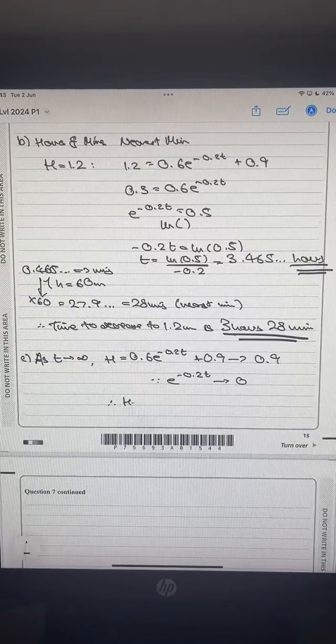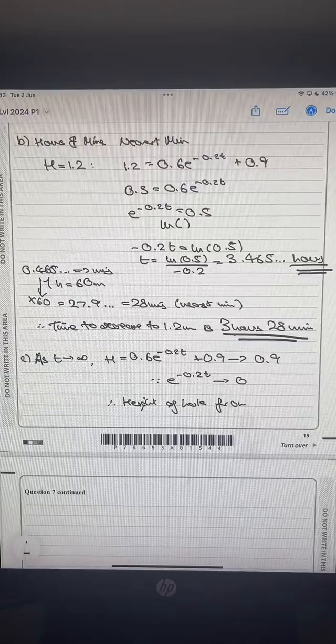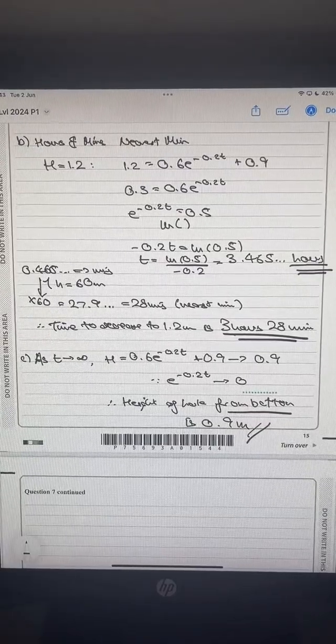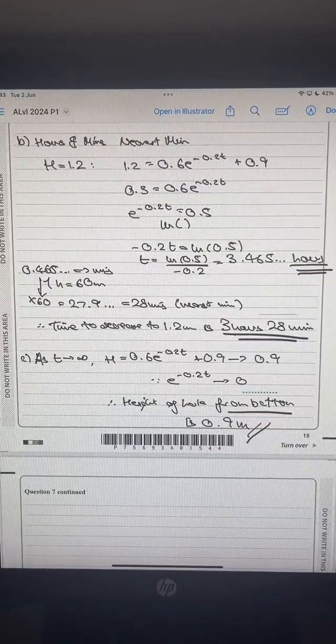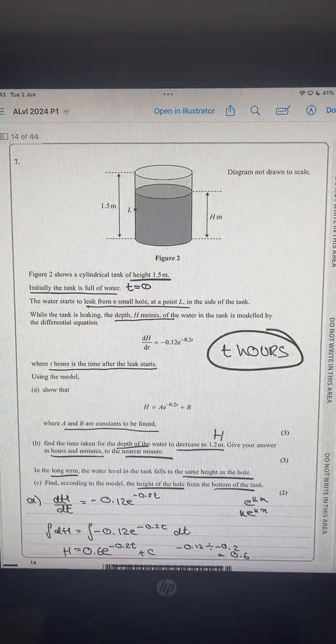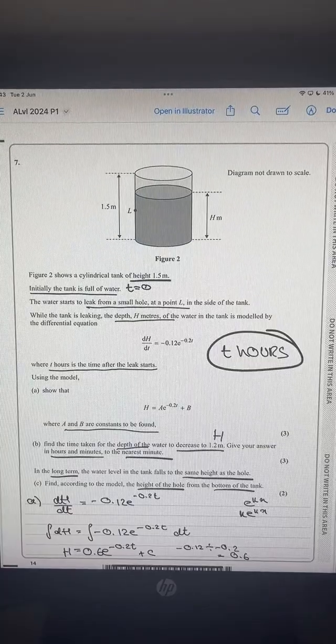Therefore, just put your little statement. Therefore, the height of hole from the bottom, and make sure it is actually indeed from the bottom and not from the top, is 0.9 meters. Put your units, or you can put 90 centimeters. But yeah, so that is how you do part C of this little differential equations question.